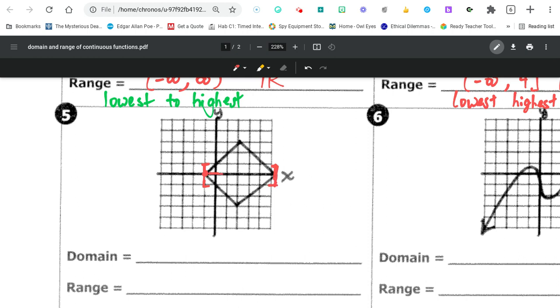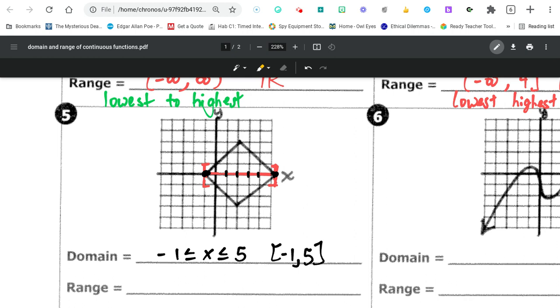So I could shade between, let's see, that's -1, -1 to 1, 2, 3, 4, 5, -1 to 5. Or I could say -1 to 5 in interval notation, like that.